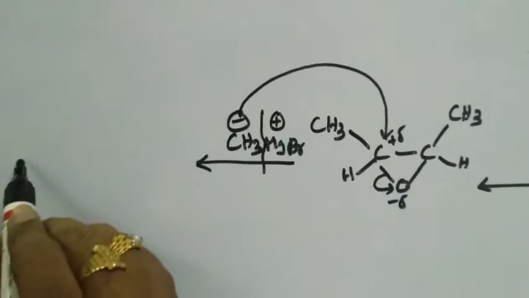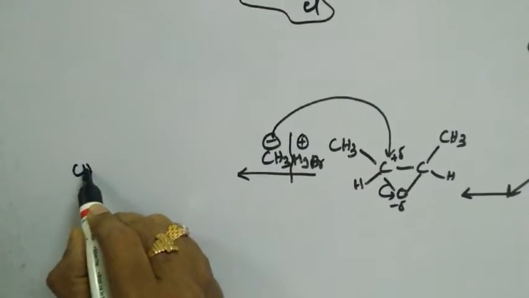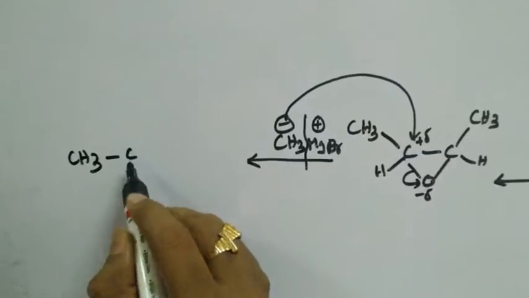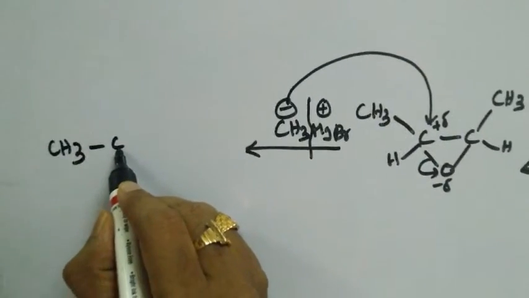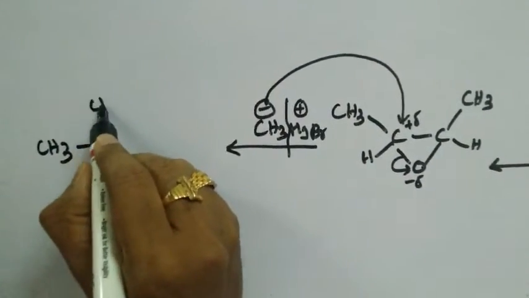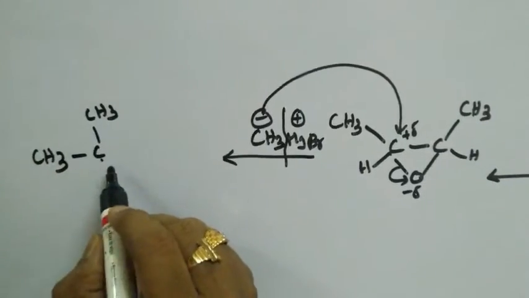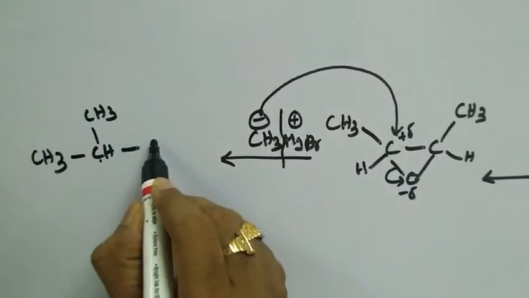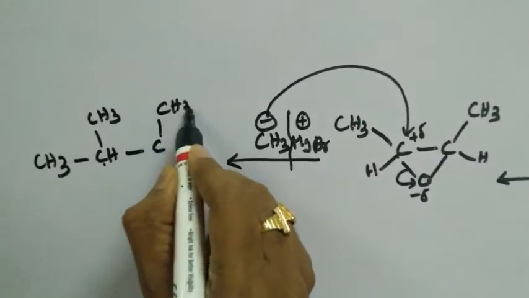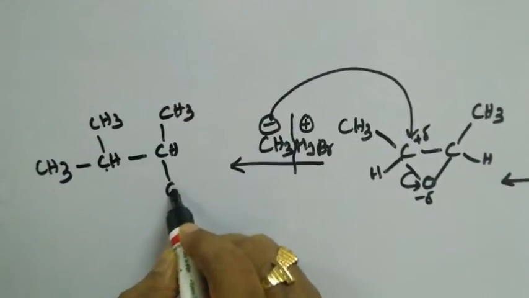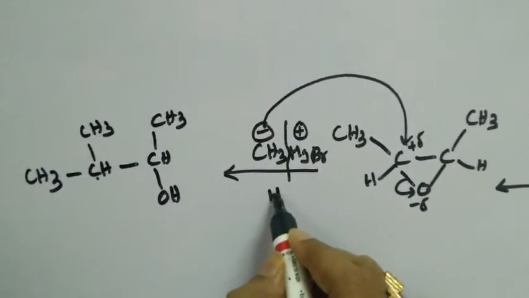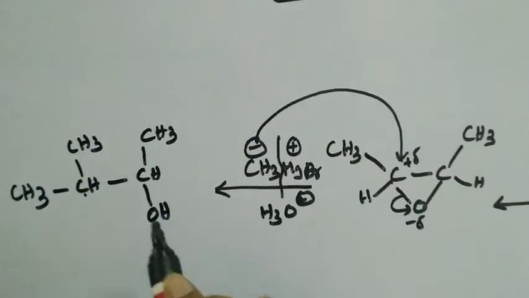What is that secondary alcohol that we are getting? It is nothing but CH3, C, CH3 from the alkyl magnesium halide, H, single bond, C, CH3, H and an OH. Of course, this is obtained after hydrolysis. I have done both the steps here itself.